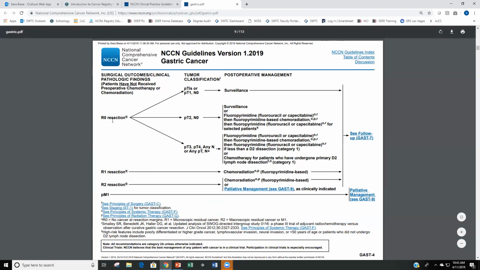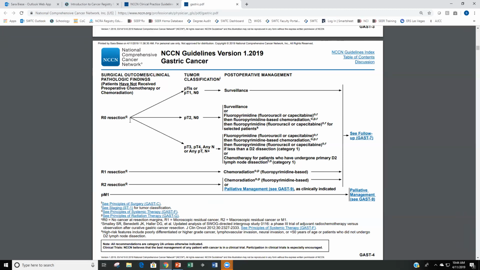That would be an R0 resection. If the margins are positive only by looking under the microscope, then you would have an R1 resection. And an R2 resection is when the surgeon couldn't get negative margins. He had to leave some cancer behind, and he could see that with his naked eye, so that's called macroscopic residual cancer.